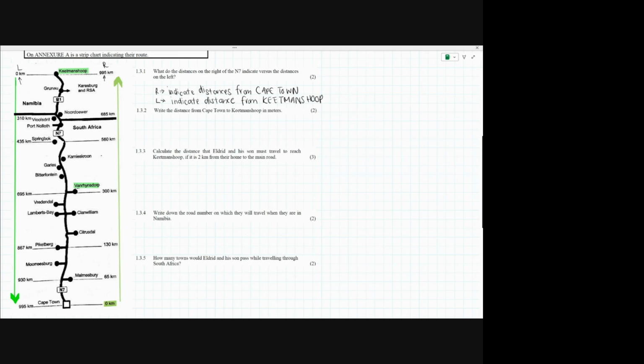Right, so 1.3.2 says write the distance from Cape Town to Keetmanshoop in meters. Firstly, how many kilometers is Cape Town to Keetmanshoop? What's the total distance?